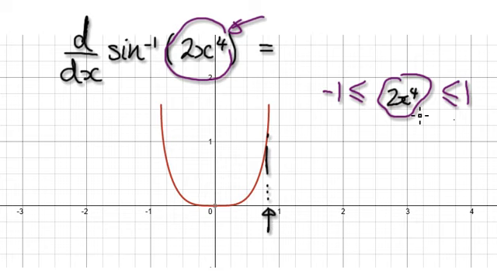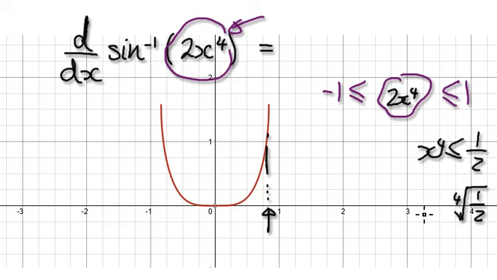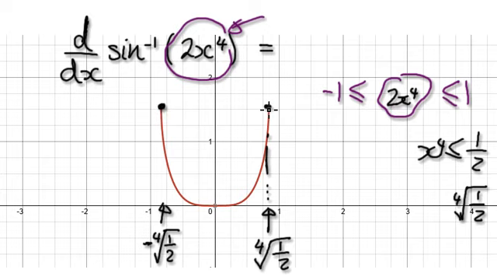Divide both sides by 2, then take the fourth root. So this bit here would be the fourth root of a half, and this here would be the fourth root of the negative version of it. So it's only valid in that range. That's why it stops in the middle of nowhere.